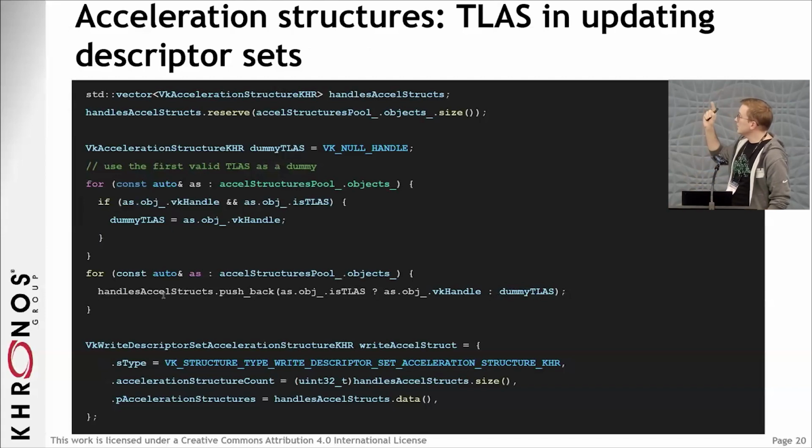For that, we just create a special set of descriptors for this array, the same way as we pass textures in bindless rendering, we pass TLAS objects. As you see, to maintain the index, the same index we use on the CPU side we use on the GPU.